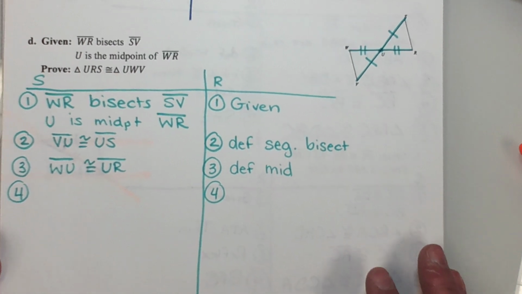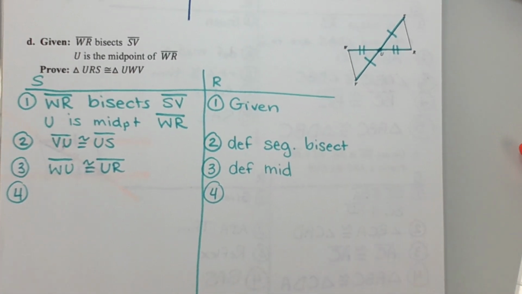So, I've got this much in my proof. If I look through my 5 things, there's no words. The symbols are only congruent symbols. I like them. There's nothing for transitive or substitution. There's no algebra that can be done with congruent signs. I'm looking at my picture. Do my 2 triangles share a side? Because that's what we've seen so far from the pictures.